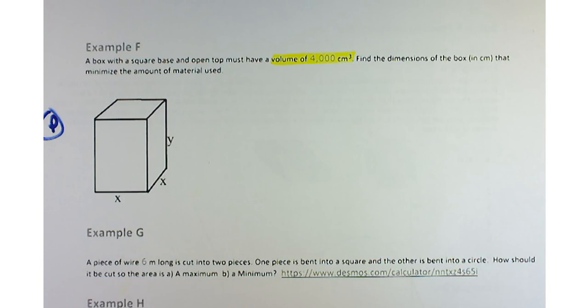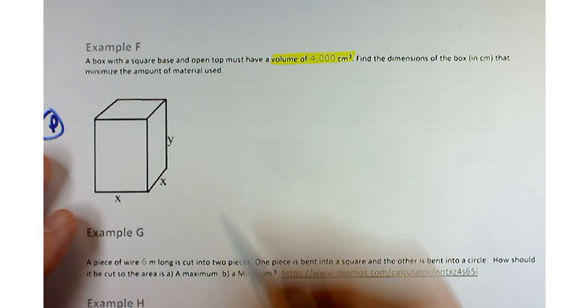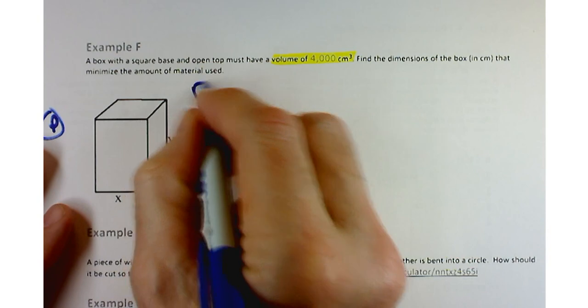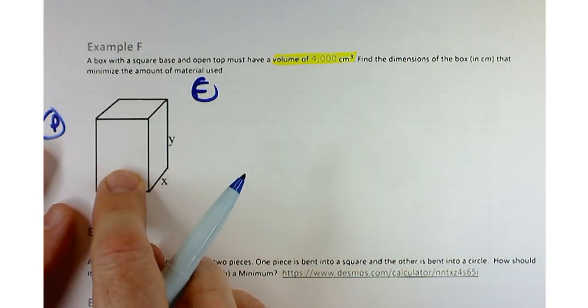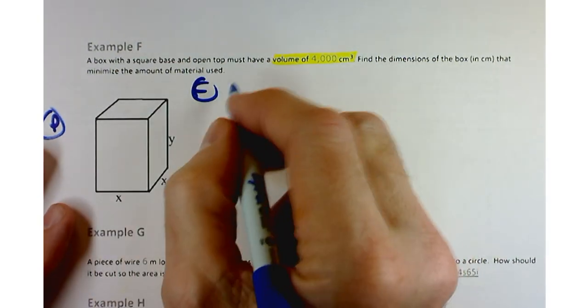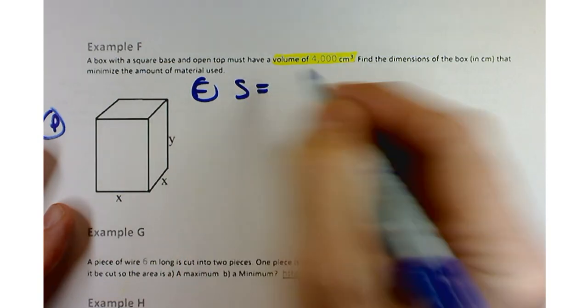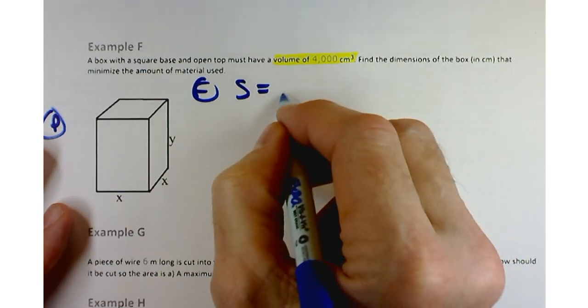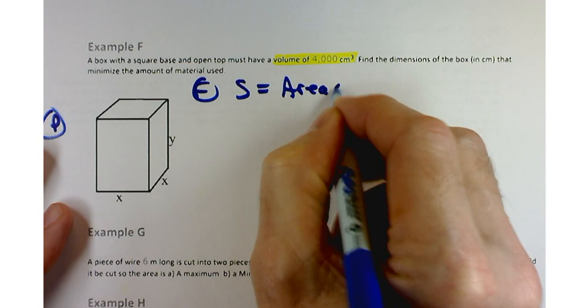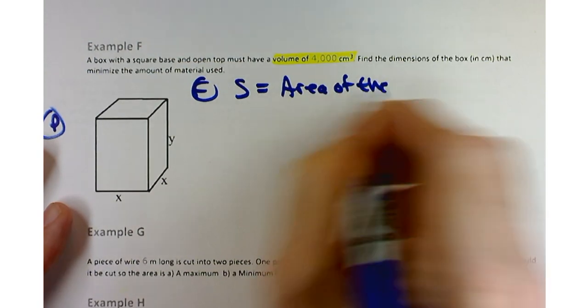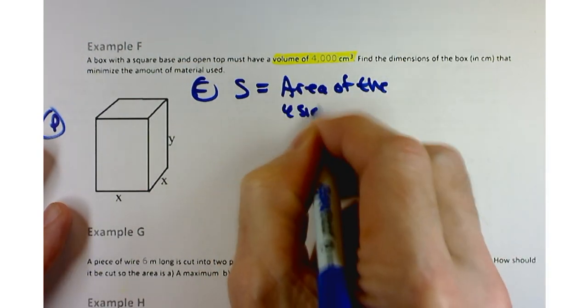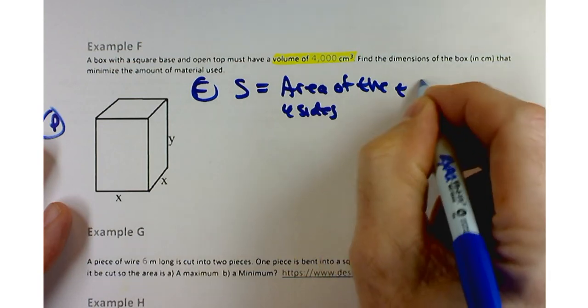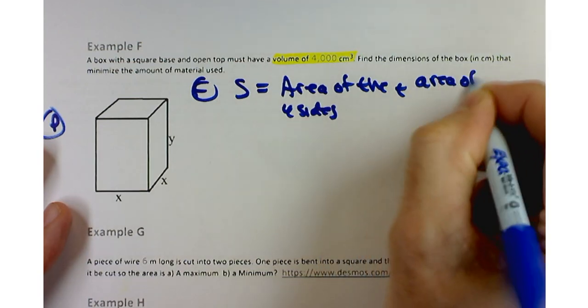As far as the function is concerned, I'm gonna wanna find something that talks about the area. So maybe I'll call that S for surface area. It's gonna be the area of the four sides plus the area of the bottom.